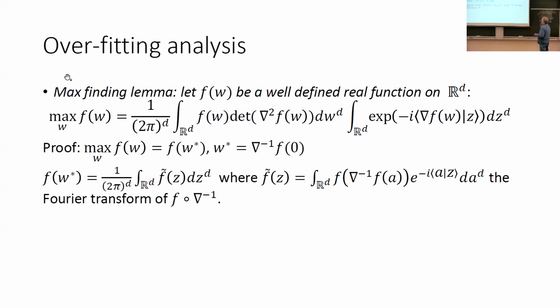It's the most complicated way to compute the maximum of a function. And the proof is rather simple. The maximum is attained at some W star, and this W star is necessarily the root of the gradient. We assume that the function is concave.